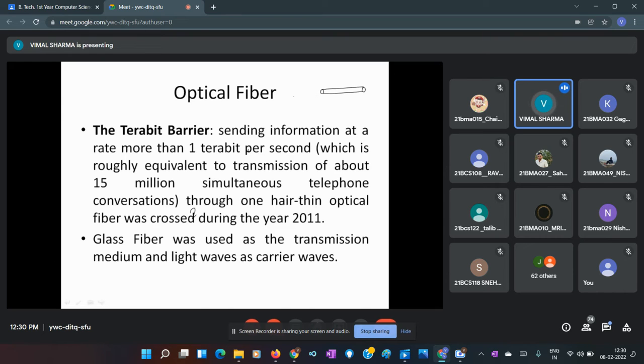I code that digital signal in the form of pulses from a laser source. This is my laser source. It produces one pulse of light, then it stops. It produces another pulse, then again it stops, then it produces another pulse of laser. So these are laser pulses.